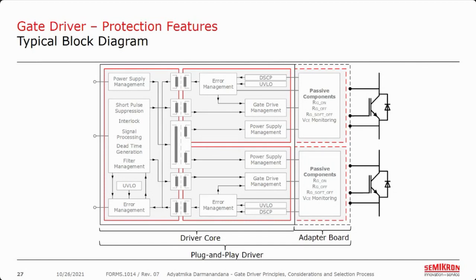You can see here that we have power supply management and the UVLO, the undervoltage lockout, on both sides. On the primary side, we have the short pulse suppression and the internally generated dead time. On the secondary side, we have the DSCP that detects the short circuit of the power module.